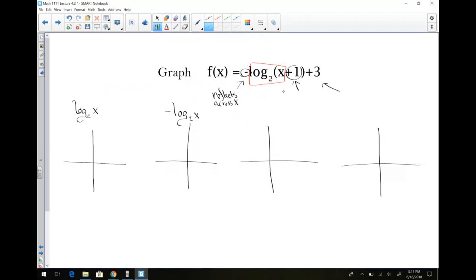Therefore, I know it shifts left 1 unit. So this means, remember, you're subtracting all of your x values by 1. So you've got negative log base 2 of x plus 1.